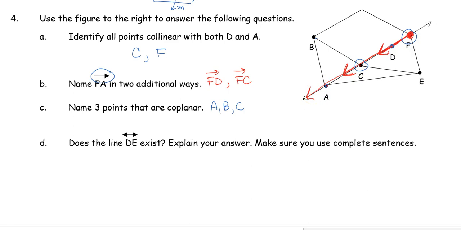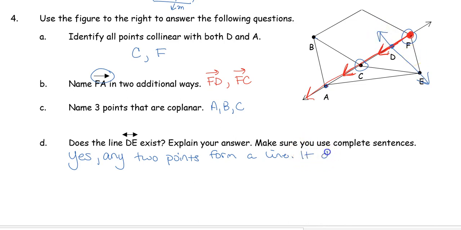And last question, one of the most important questions, does the line DE exist? So here's D, here's E. Your instincts are going to tell you no, D is a point and E is a point. But the answer is actually yes, it does exist, because any 2 points form a line. If I look here, here's point D, here's point A, I can draw in a line.